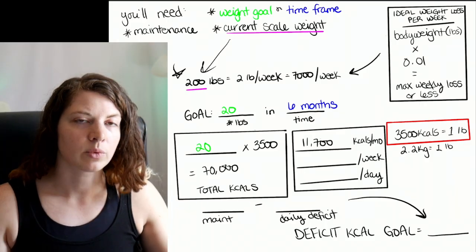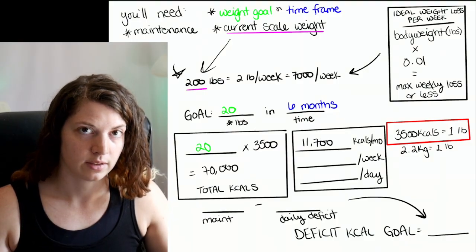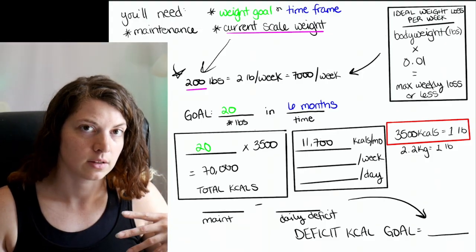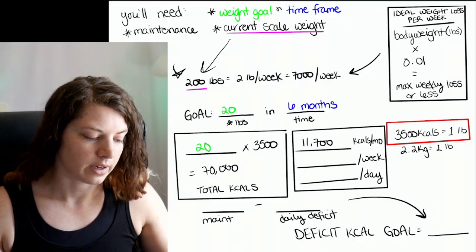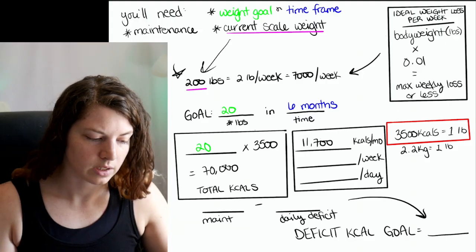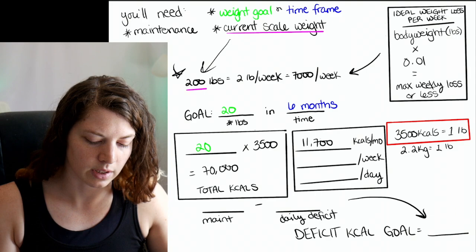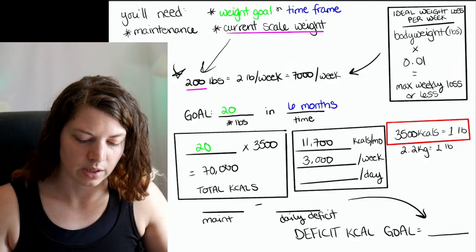Okay. Then we're going to break it down even further. We're going to go into weeks. There are about 4 weeks in each month on average. So we're then going to take that number and divide it by 4. I got about 2,900, so I'm going to round it to 3,000 here, so it stays nice and round.